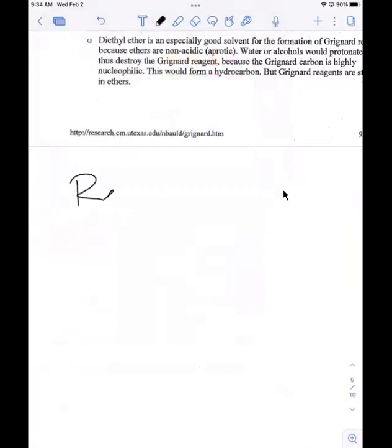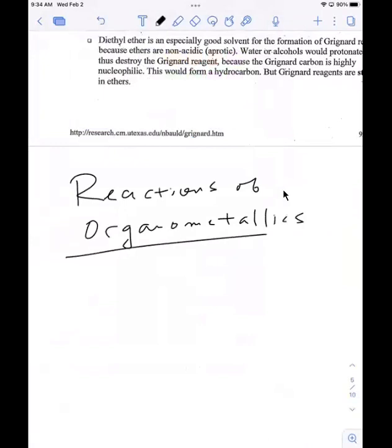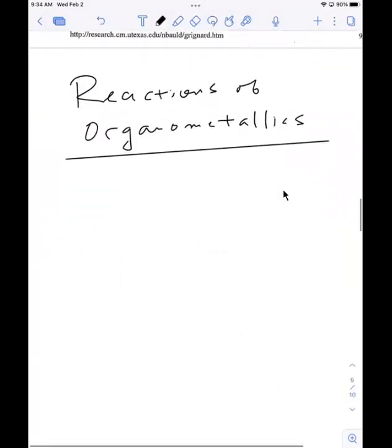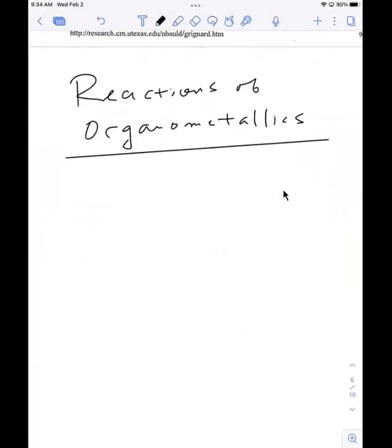With the organometallic reactions, let's talk about what I like to call coupling reactions.